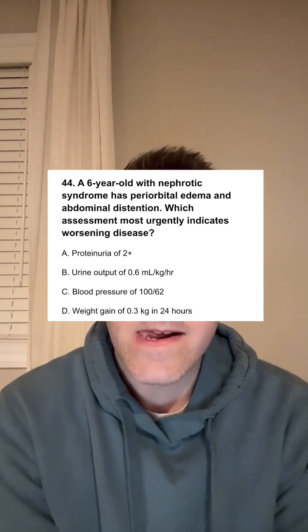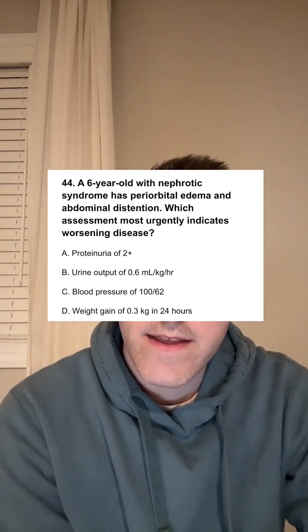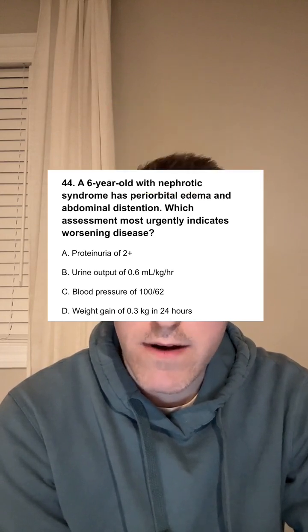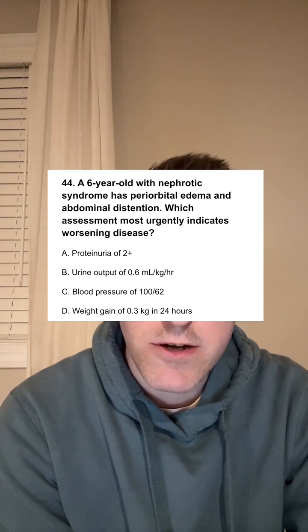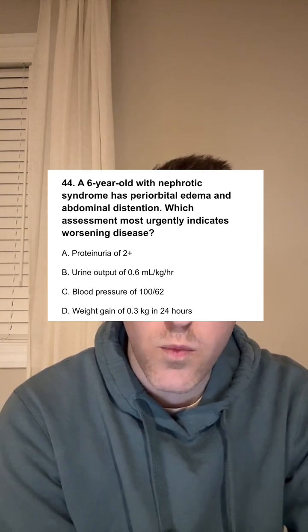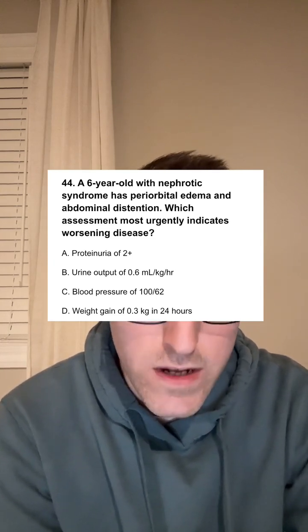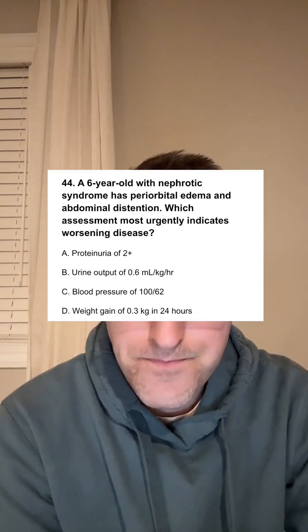Okay? Perfect. All right, 44. Answer here is going to be B, bravo. All right. So that decreasing urine output here signals worsening fluid retention. All right, which is an early warning sign for relapse or complications.